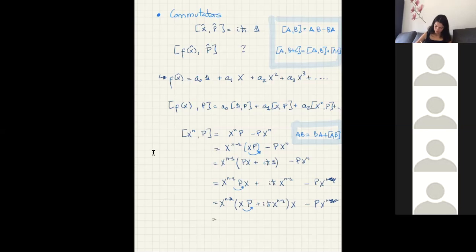So we get x to the n minus 2, and here we have i h bar identity plus px plus i h bar.